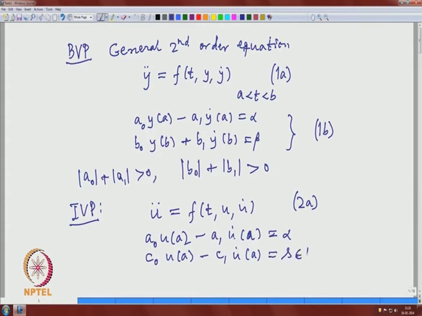S is a parameter at our choice, again a real number, and this is 2b. By independence I mean that a1 c0 minus a0 c1 is not equal to 0, where we have fixed c0 and c1 such that this is nonzero.